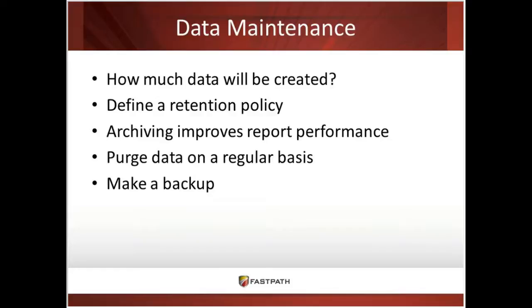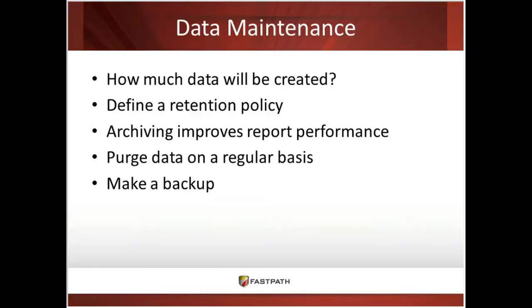Normally what we say is 1 million rows of data equates to about a gig of size. So you're going to add a gig of size to your database per 1 million rows of data that you're tracking as an audit trail through the NAV Change Log. The other thing that you want to do as well is define your retention policy. Again, define that up front.